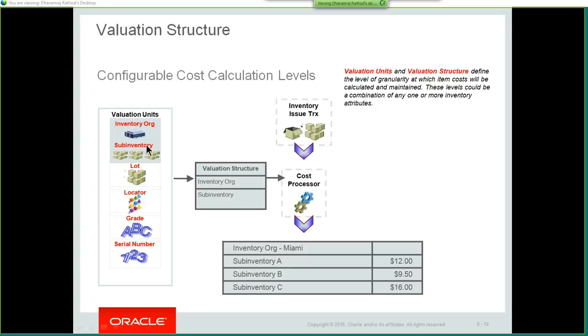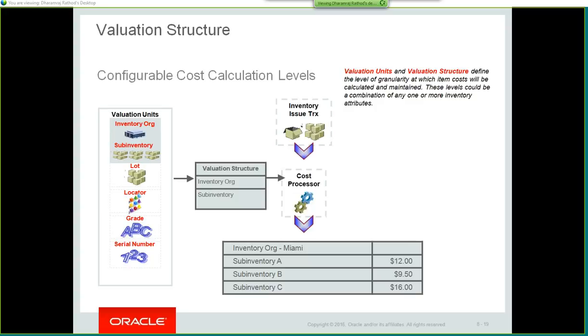As I mentioned, my cost valuation structure is at the sub-inventory level, meaning I'm tracking my quantities and cost at that level. Because when you get those transactions, you would specify in which sub-inventory you are getting it. All these are item attributes or transactional attributes.